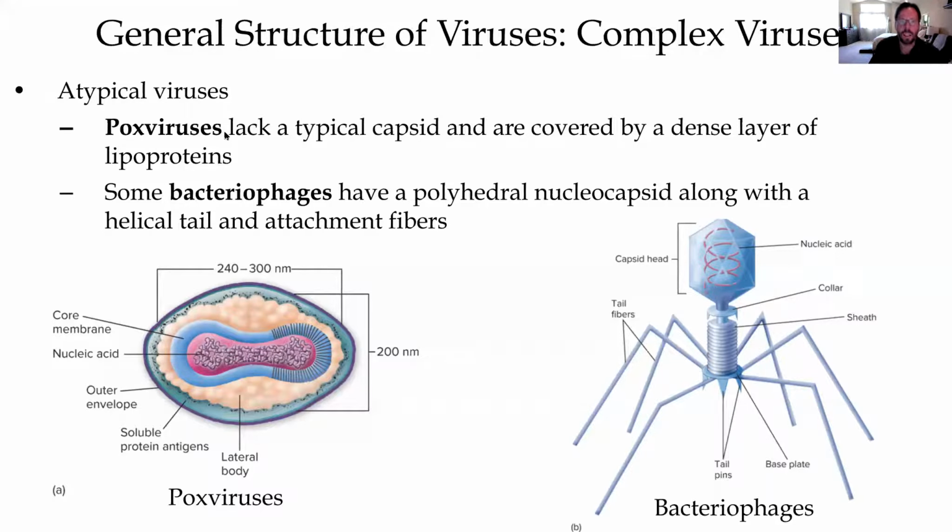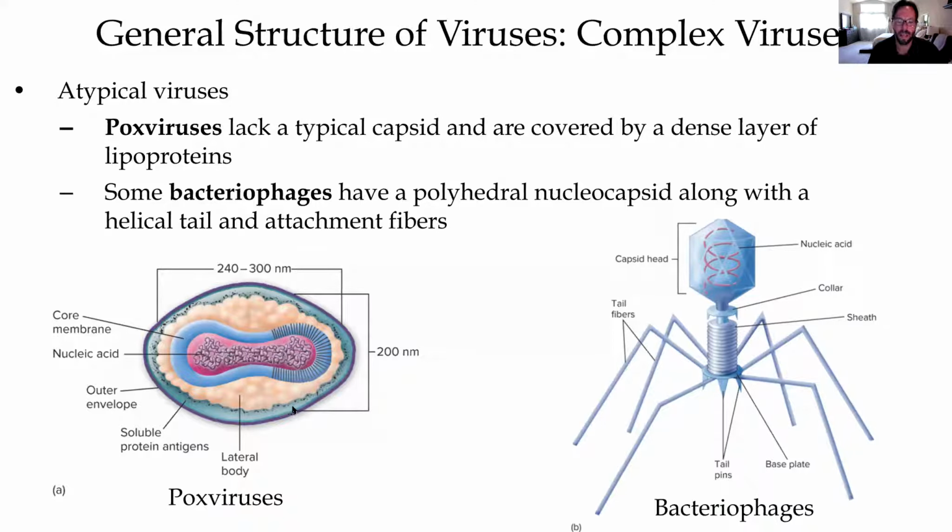Pox viruses typically tend to lack a true capsid, as we've been talking about, and instead have this thick layer of lipoproteins. So what's a lipoprotein? Anybody know? It's a lipid and a protein, exactly.